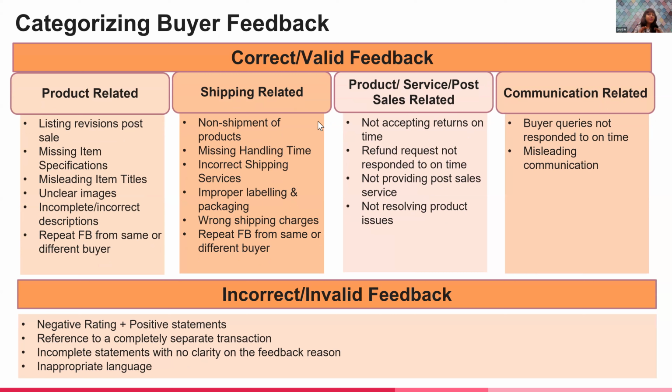The next part talks about incorrect or invalid feedback. Now, this is where eBay feels that this kind of feedback is not correct for you to have received, and we will support you.